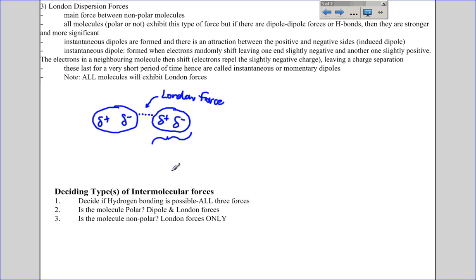Now, in order to decide what type of intermolecular forces will be exhibited between molecules, you first need to draw the three-dimensional structure and decide the polarity of the molecule.